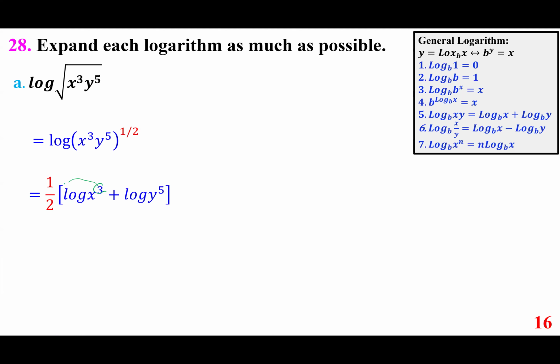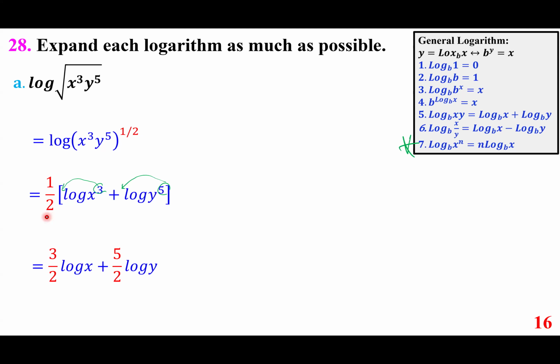This one, 3 comes in front. This one, 5 comes in front using number 7. Then multiply it by 1/2. You get 3 halves log x plus 5 halves log y.